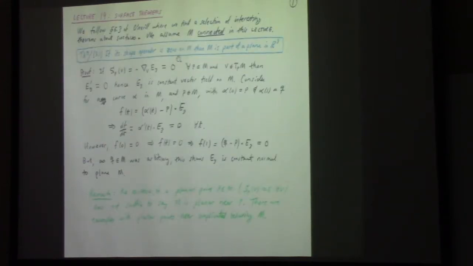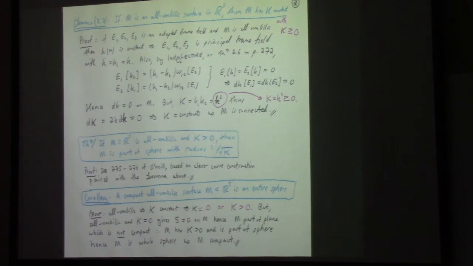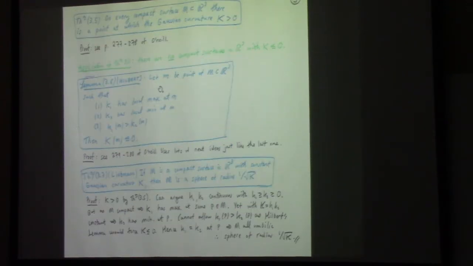Shape operator 0 is part of a plane. And if it's all umbilic, it's let's see here, it's part of a sphere, right? Okay. Anyway, I just wanted to go through these results with you guys, and now we'll move on to chapter 7.